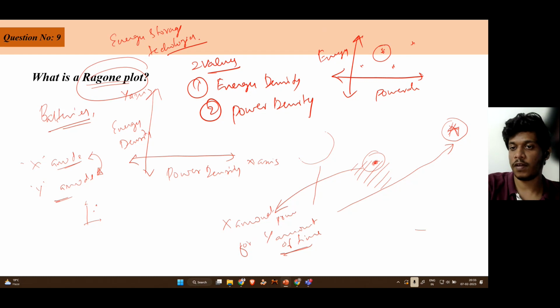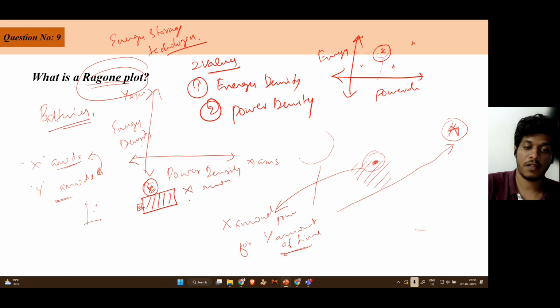At a particular point, we can get an idea of how much energy the device can store versus how fast that energy can be extracted from this material. For example, say you have a device X, maybe a battery, and it can store some amount of energy with some power output.